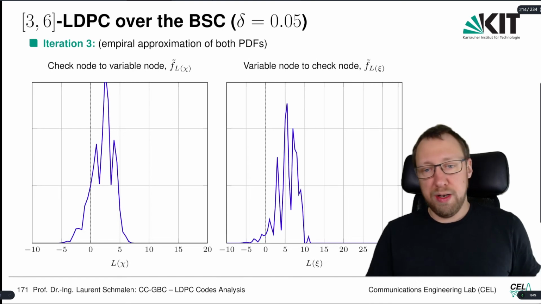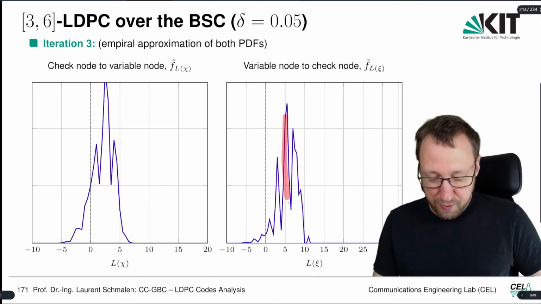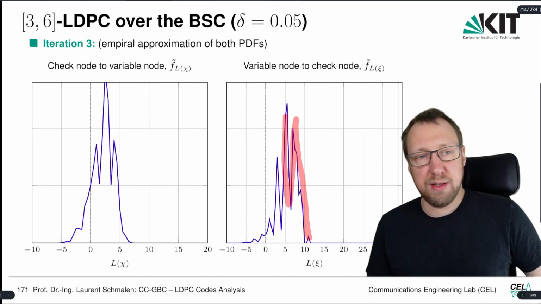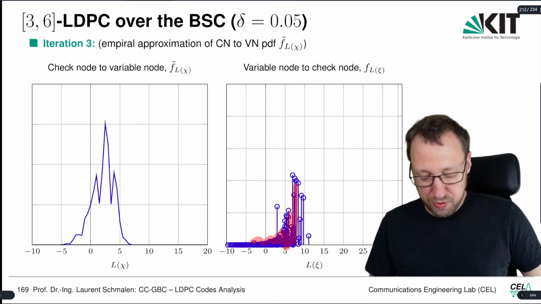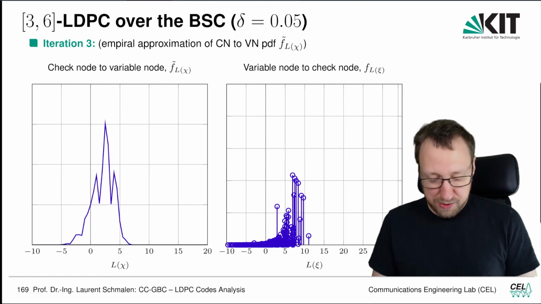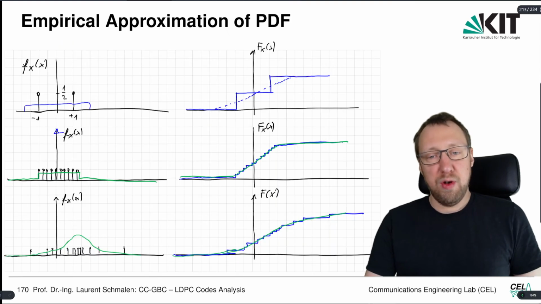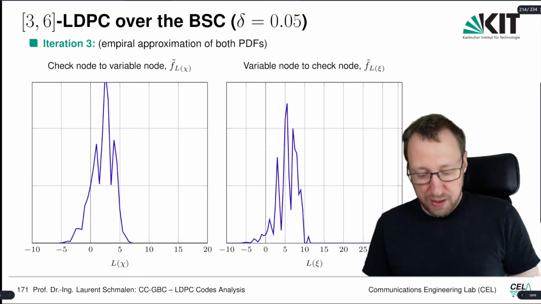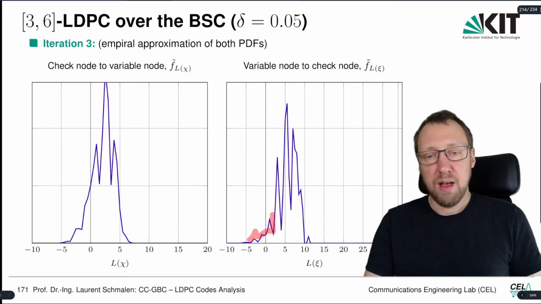So after 3 iterations, it looks like this, and we also do the same approximation for the variable node to check node messages. So instead of having this set of Diracs, which is really difficult to see what's going on because they're so closely spaced, there's so many of those here, but they have very low amplitude, we do this continuous approximation, and this is the distribution as it looks like.